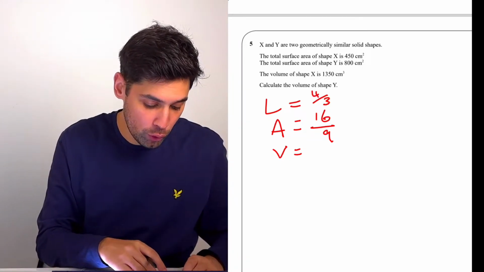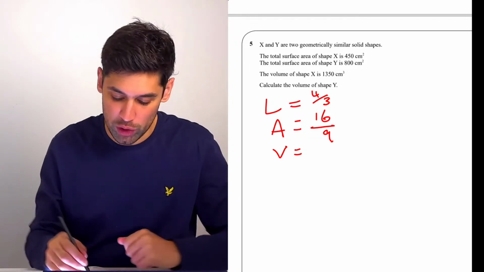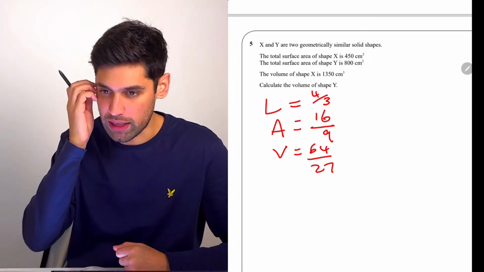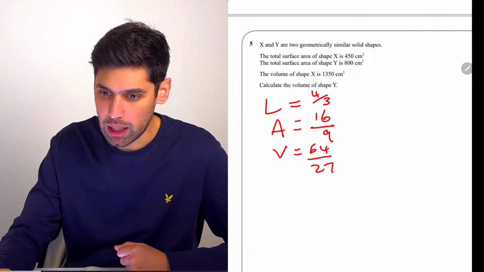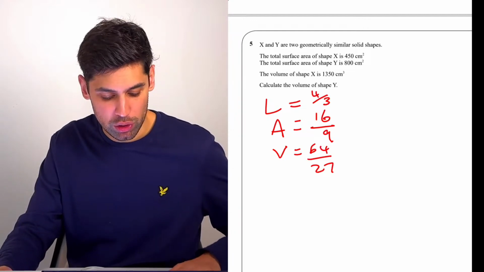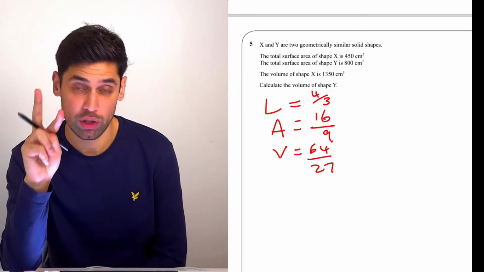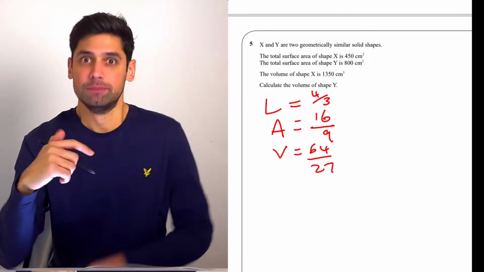So we do 4 over 3 cubed, which gives us 64 over 27. So now we have all three of our scale factors. Hopefully that made sense. Just to recap, the question is giving us the two surface areas, so we can figure out the area ratio or scale factor between them by dividing.